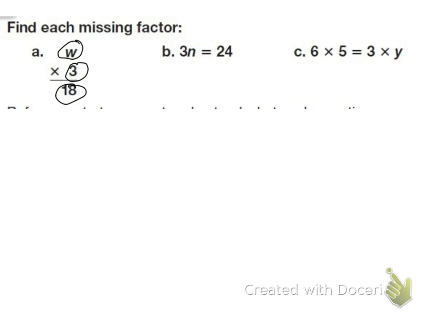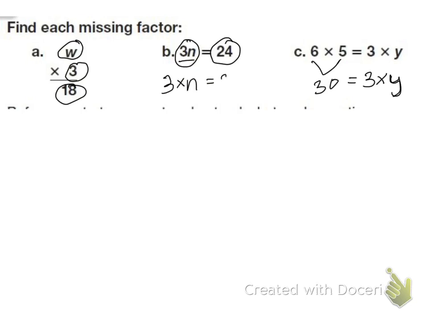In B, we have 3n, or 3 times n equals 24. And on the last one, if I multiply 6 times 5, I end up with 30. So I know that 30 equals 3 times y. And this was 3 times n equals 24.